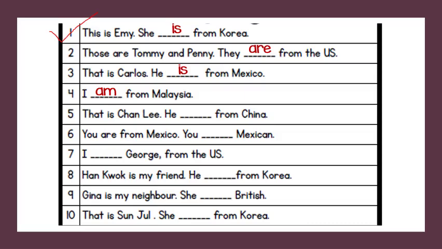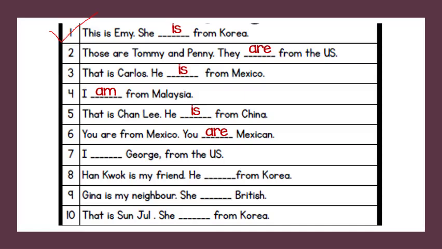Number 5, that is Chan Li. He is from China. Another tick if you got that correct. Number 6, you are from Mexico. You are Mexican. Another tick if you got that correct.